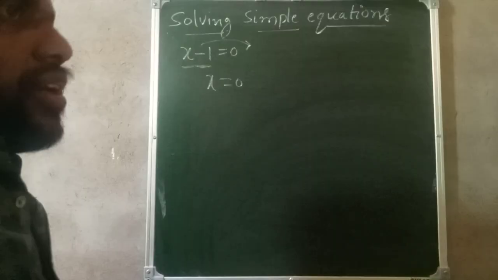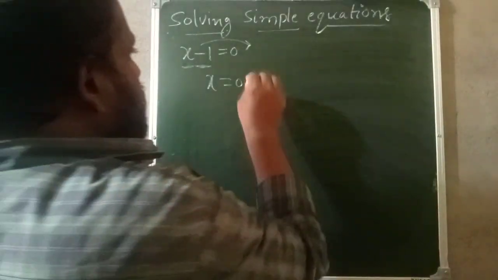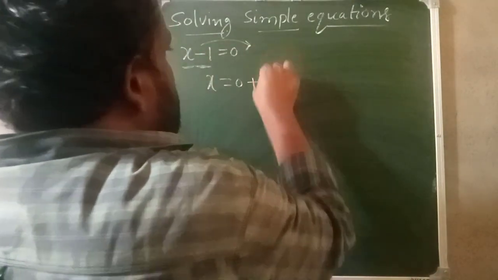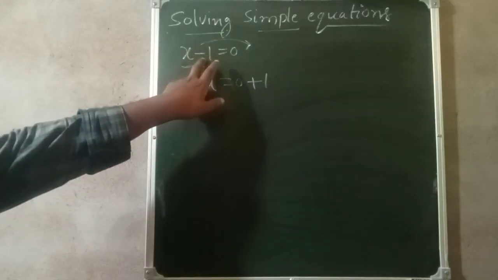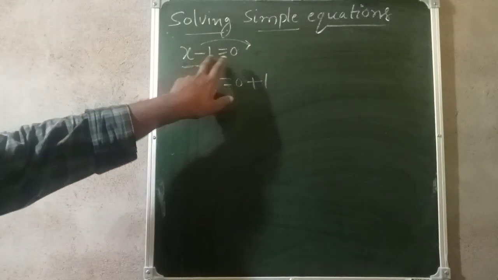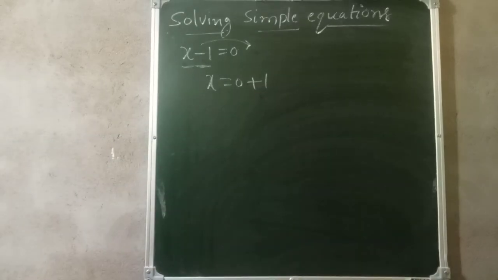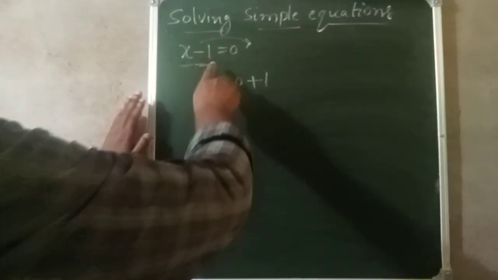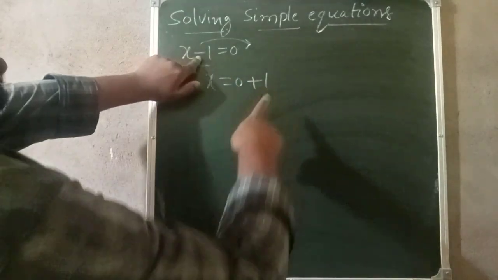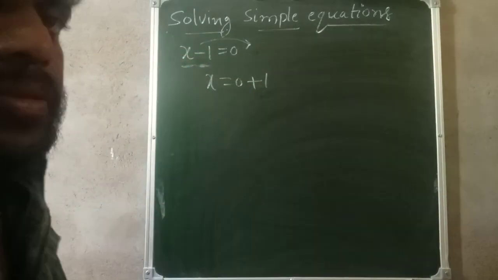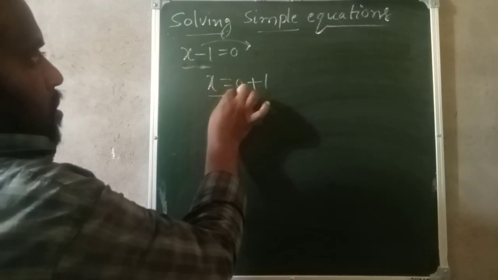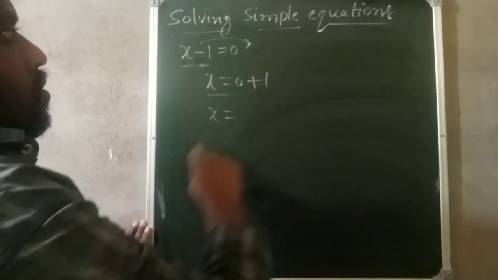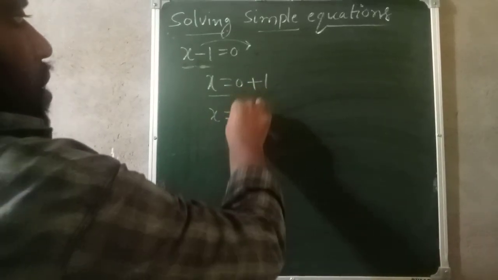See, when minus 1 is moved to the other side, that minus 1 becomes plus 1. That means the 1 is the same, this minus changes to plus. Next step, write x is equal to 0 plus 1, which is 1.